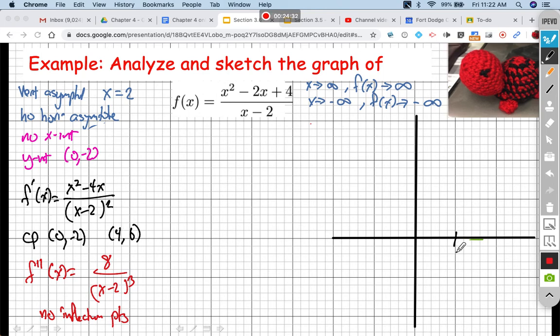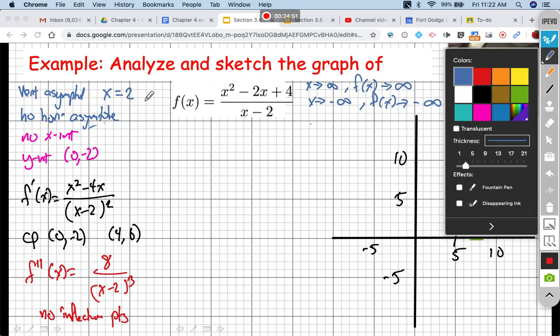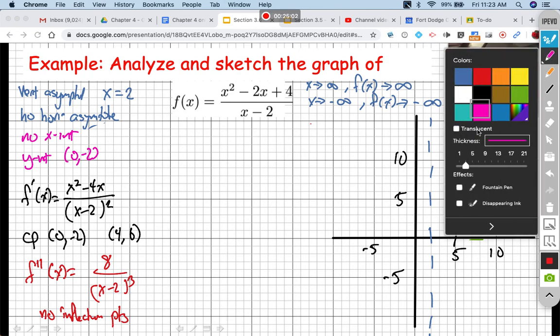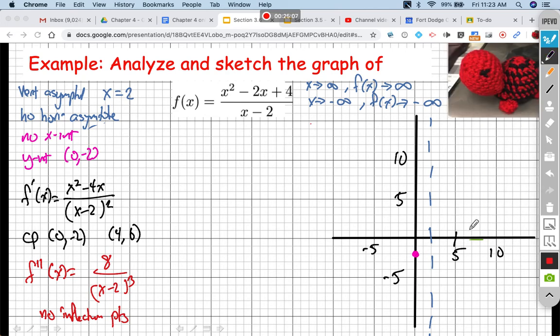So let's just go 5, 10, negative 5. I have critical points at 4, 6, and 0, negative 2. So I'm probably good with that. I know I have a vertical asymptote at x equals 2, so I'll sketch that one in here. I know I have a y-intercept at 0, negative 2.